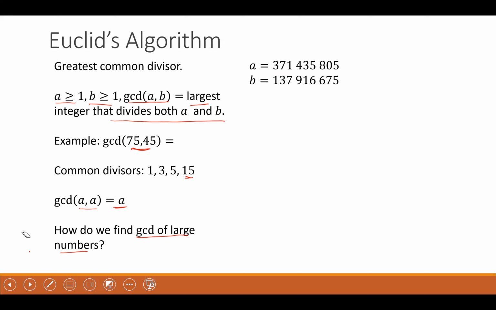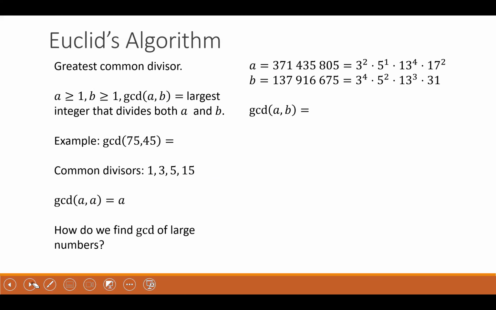Well, there is one technique that works. I can do what's called a prime factorization. So I'm going to reduce each of these numbers to all of its prime factors, right? So 3, 5, 13, 17, and 31 are all prime numbers. That means they're only divisible by 1 and themselves. And then I can write each of these numbers as a product of primes.